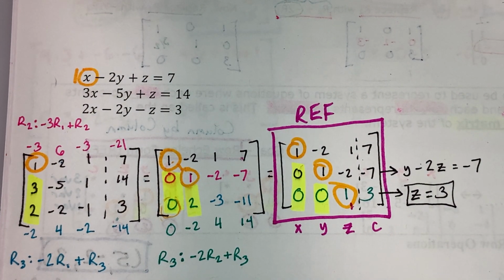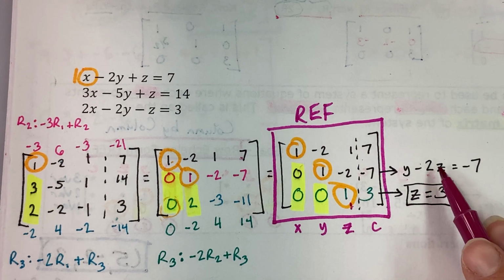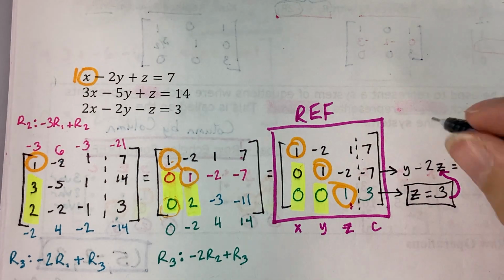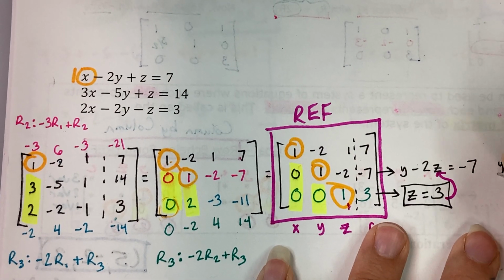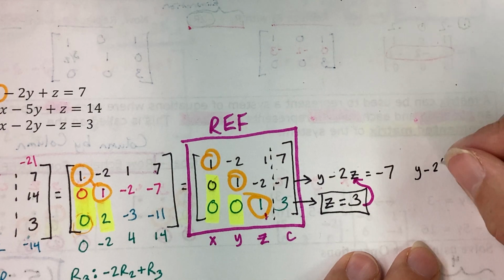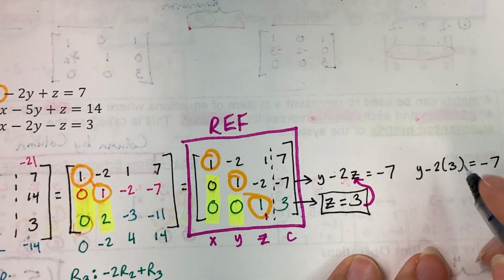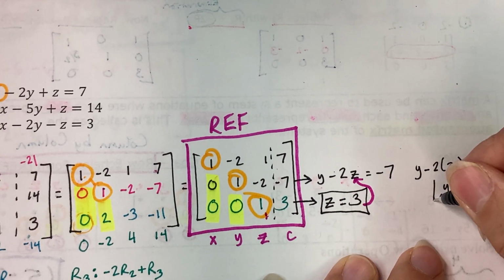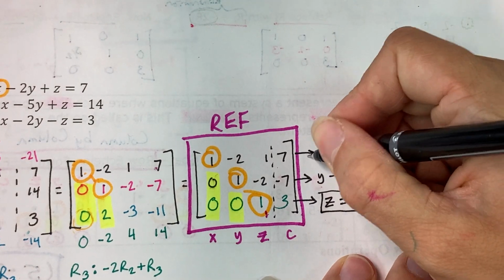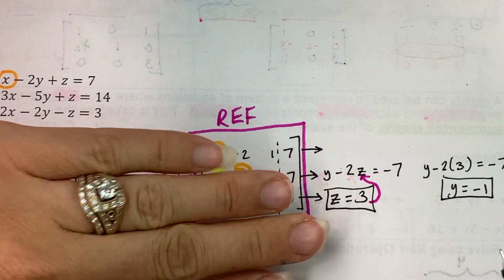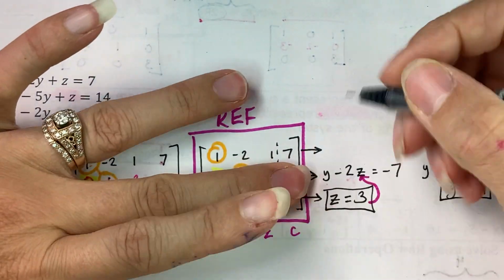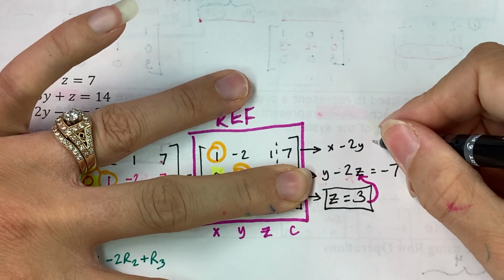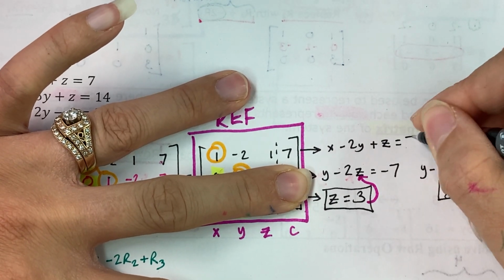So now we are going to back substitute this one variable equation into this two variable equation. Take that 3, plug it in for the z: y minus 2 times 3 equals negative 7. So negative 6, add the 6, and we get y equals negative 1. Our last row of row echelon form is 1x minus 2y plus 1z, or just z, equals 7.